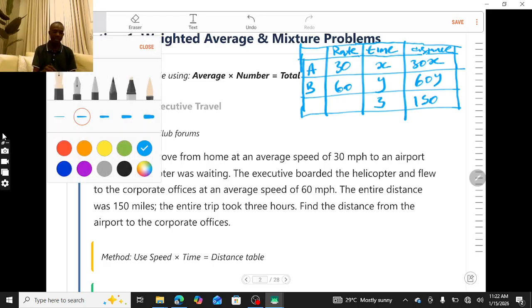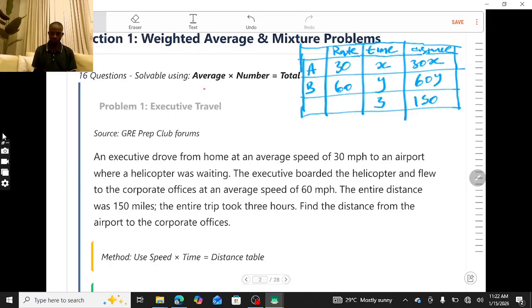Okay, fine. Now we need another skill because this is going to enter simultaneous equations. First, s plus y is 3, but also 30s plus 60y is 150. To solve this simultaneously, we need to rearrange s plus y.